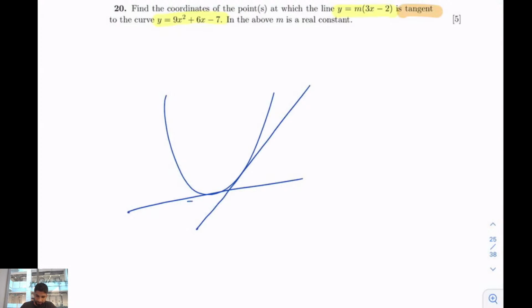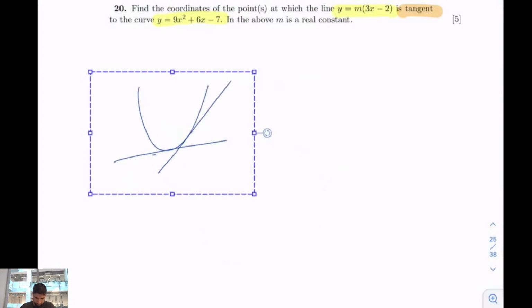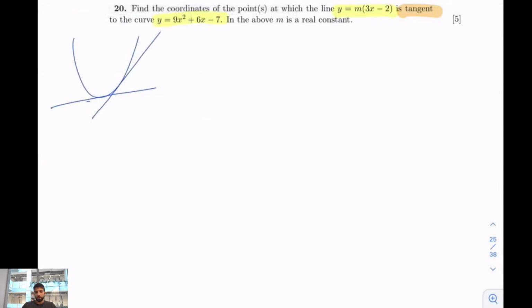So what does tangent tell us? This is very common, actually. This type of question comes up again and again in PAT. The key thing here is remembering that when there's a tangent to a curve, there's only one point of intersection.